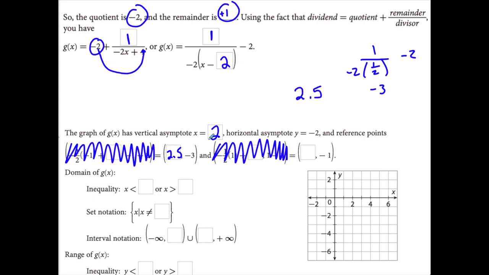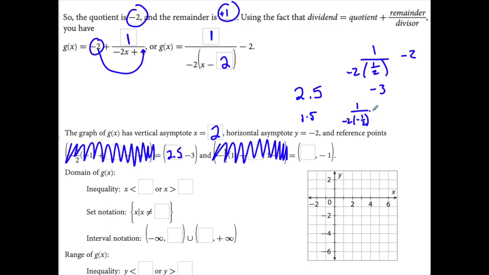Okay, what about negative 1? Well, I would need this to be equal to, what if x was positive a half? Well, if x was positive a half, I would get 1. I need to be not positive a half, positive 1.5. 1.5 minus 2 is negative 1/2.